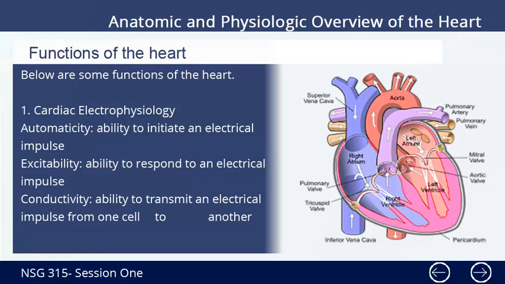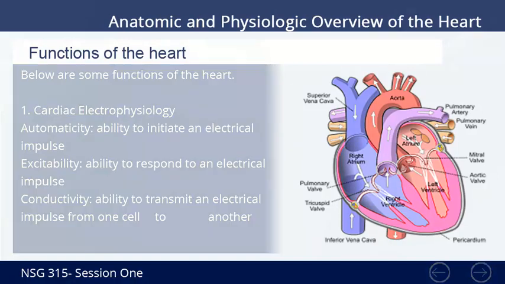The impulses are then conducted to the atrioventricular node. The AV node, which is located in the right atrial wall near the tricuspid valve, consists of another group of specialized muscle cells similar to those of the SA node.